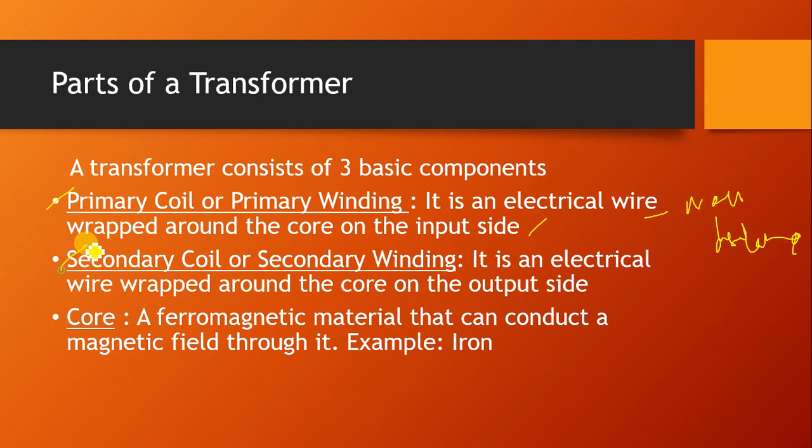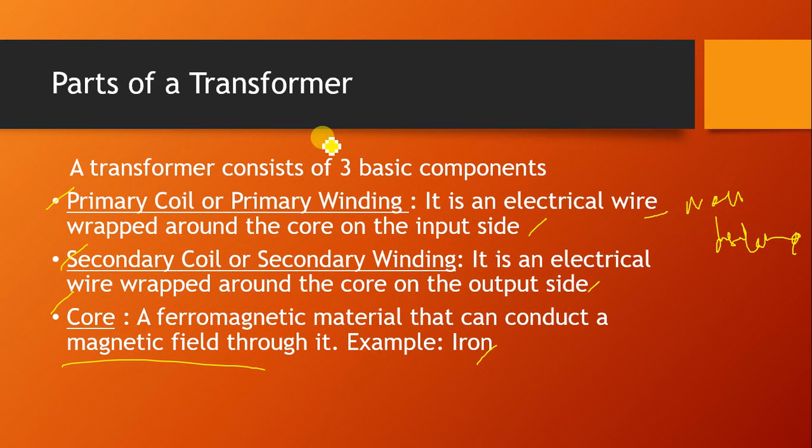The secondary coil, or secondary winding, is also an electrical wire wrapped around the output side. The core is a ferromagnetic material that can conduct a magnetic field through it, for example iron. So these are the three components of a transformer.